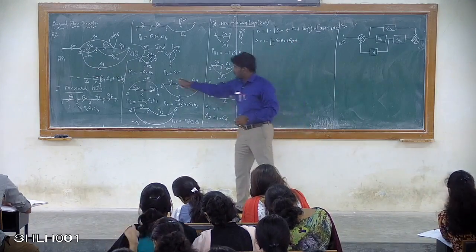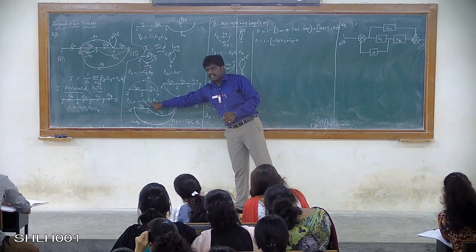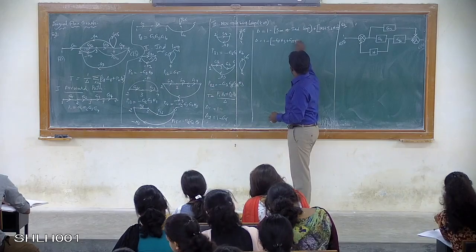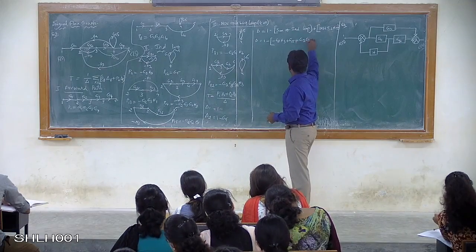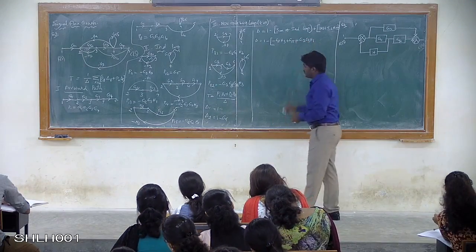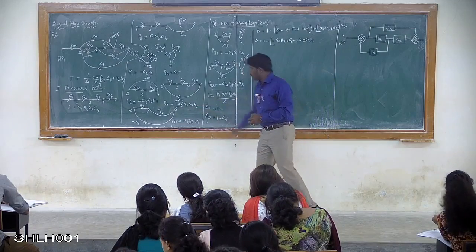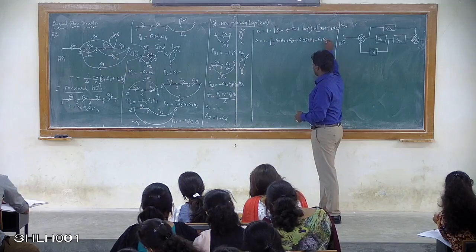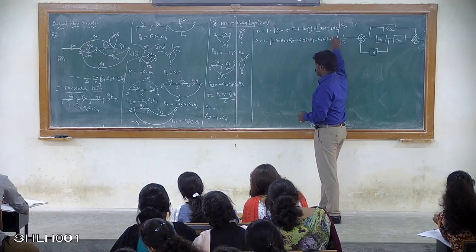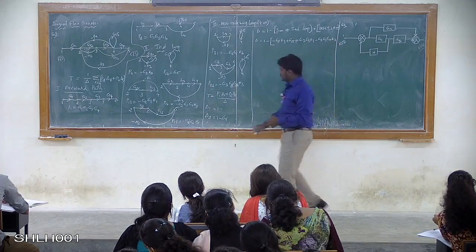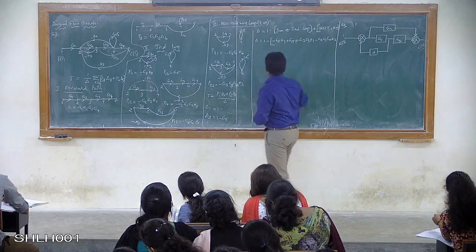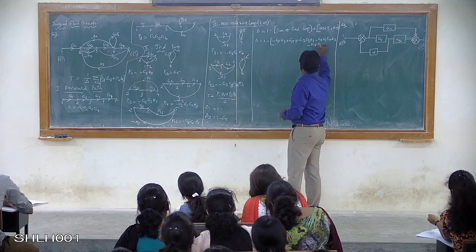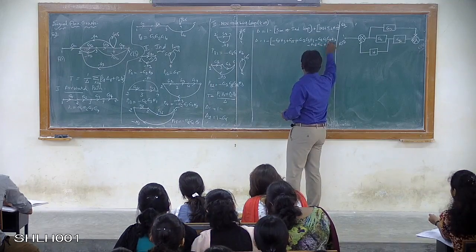then my third individual loop gain value is minus G2 G3 into H1, then the fourth individual loop gain value is minus G2 G3 G4 into H3, then my fifth individual loop gain value is minus of G2 G6 and then H3.